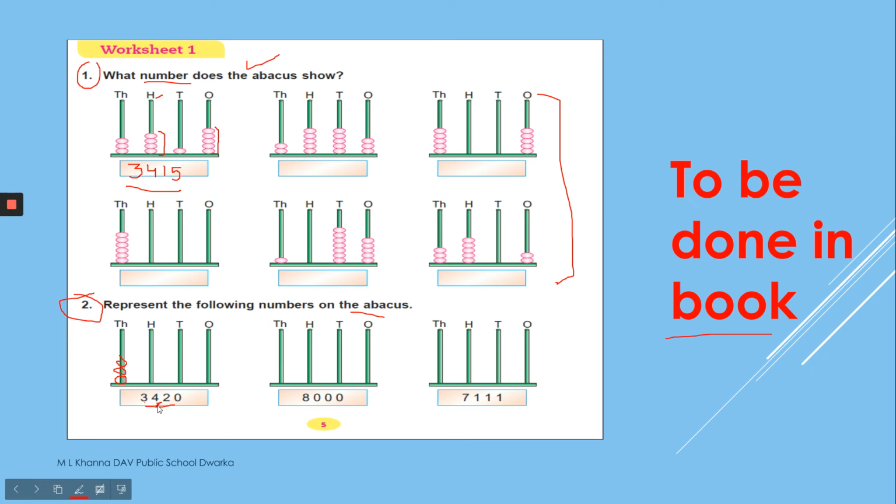How many rings will we be drawing at 100 place? Very good. 4 rings. How many rings will we be drawing in tens place? Very good. 2 rings. And in one place, since the digit is 0, we won't be drawing any ring. So this way, you have to complete this worksheet in the book.